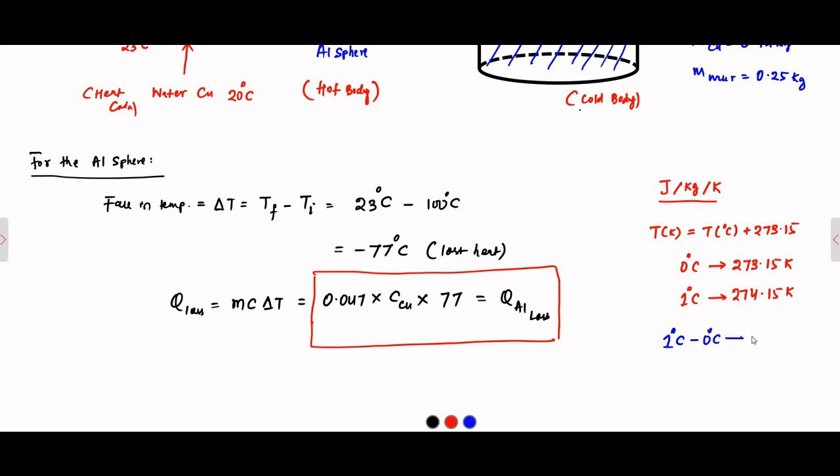It will be the same as 274.15 Kelvin minus 273.15 Kelvin. So a difference of 1 degree Celsius is the same as a temperature difference of 1 Kelvin.